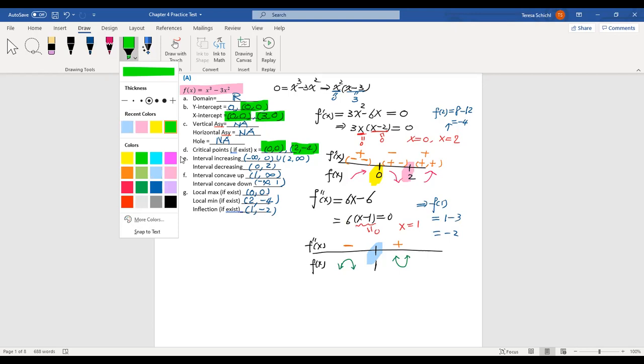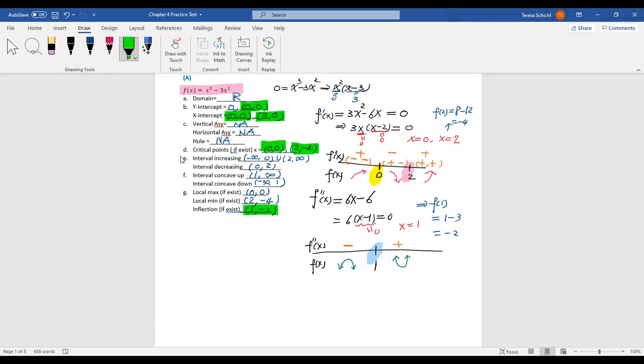So this is the local max, this is the inflection point, and here is where it is concave up and concave down. Okay, so when we try to graph it, let's try to combine both of these two graphs together, so maybe it will help us. So this is 0, this is 1, this is 2, right?